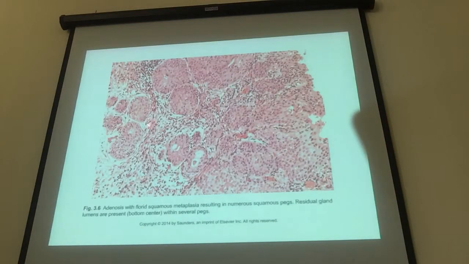And then sort of like salivary glands where you get necrotizing sialometaplasia, well, sometimes you can get squamous metaplasia in adenosis as well. So a very broad spectrum of histologies that can all occur in this disorder.